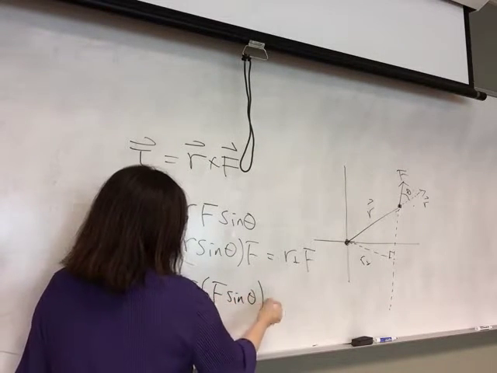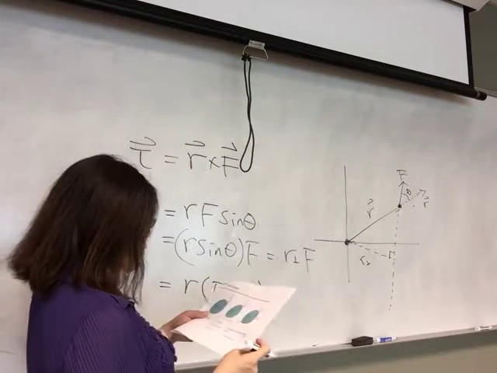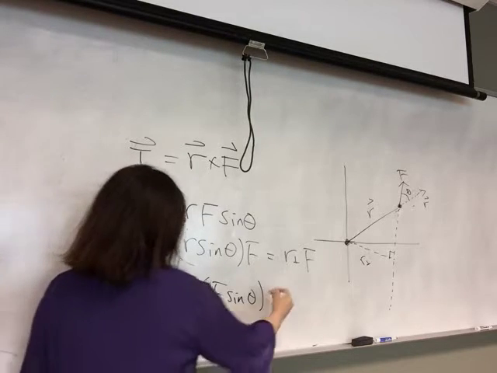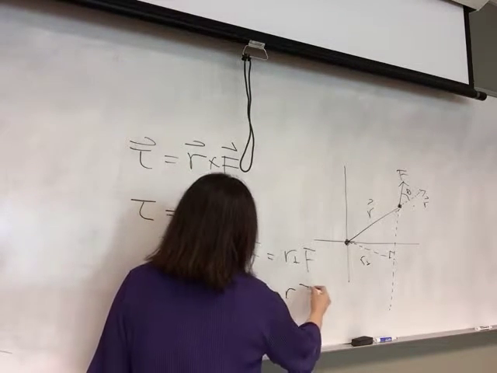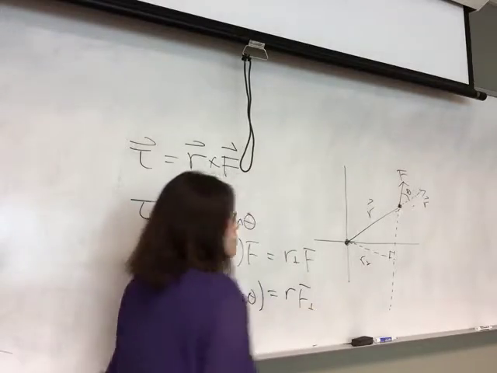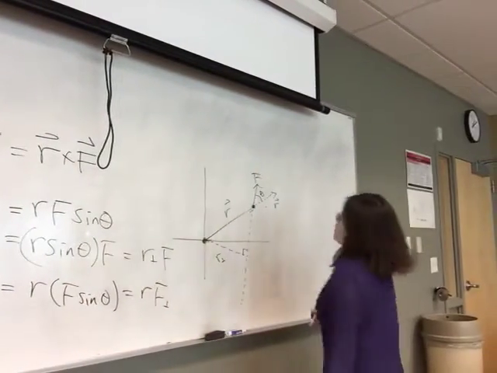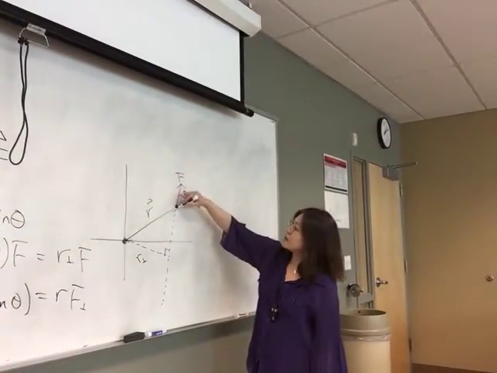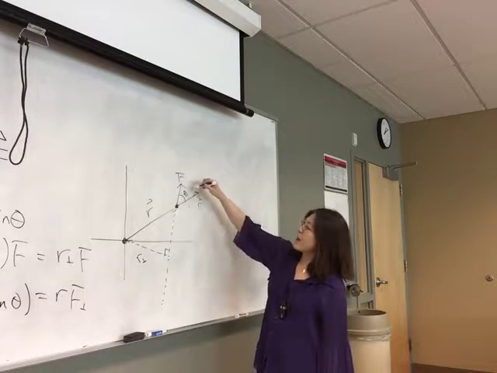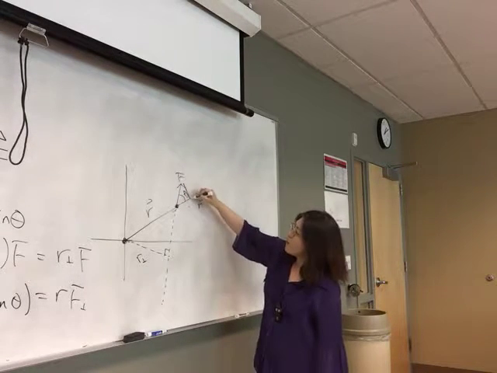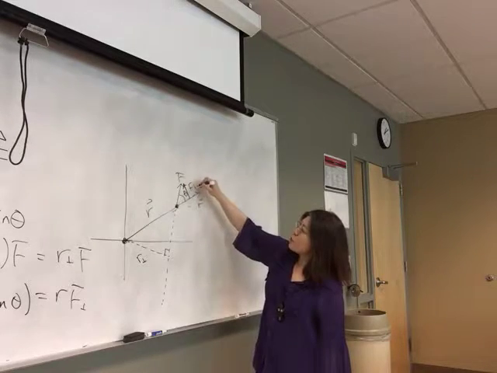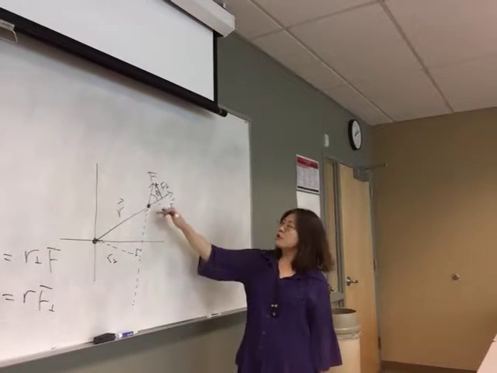When you do the F sine theta, that is equivalent to finding the force that is perpendicular to the radius. So you have the R and then F, perpendicular to the radius. For example, what do I mean? This is your force, and this is an extension of that. You can find the component here. This is the force that is perpendicular to the radius.